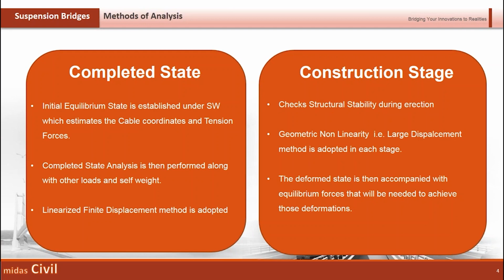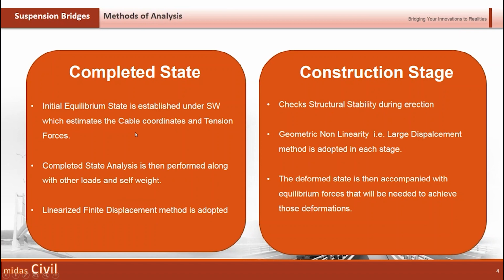Once you are done with that, the software generates the initial static forces for the cables, and then you can do a static analysis for other loads like live loads and dead loads over the bridge. That's why it is called the linearized finite displacement method. This will be clear as we move on with the webinar today.